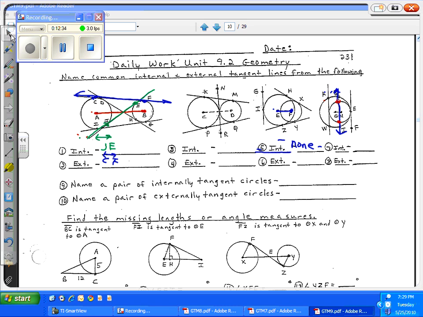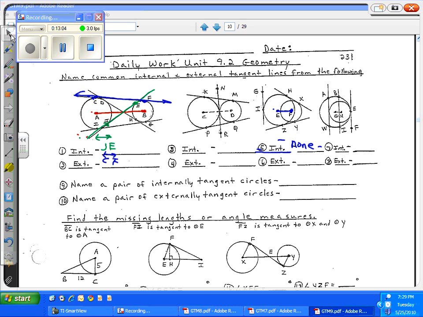You see, it's also a secant to circle G. And so it's not a tangent line to either one. So that blue thing I drew in 7 and 8 is not even a tangent, it's a secant, you see. So don't get to just thinking, oh, if it passes through the segment of centers, it's a common internal tangent. No, it's got to be a common tangent first, okay?